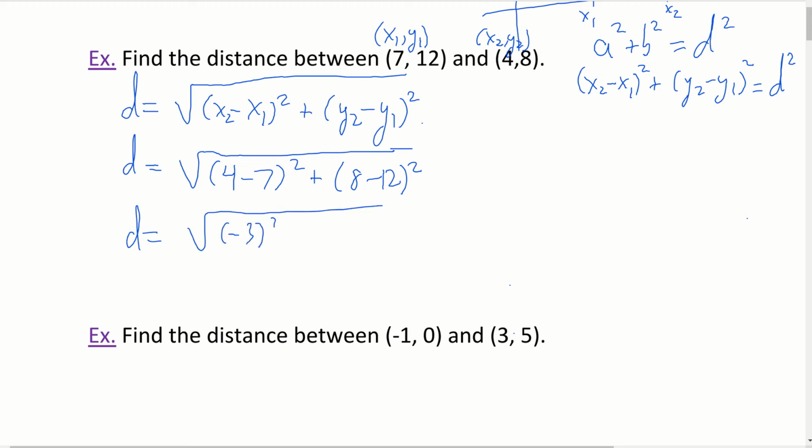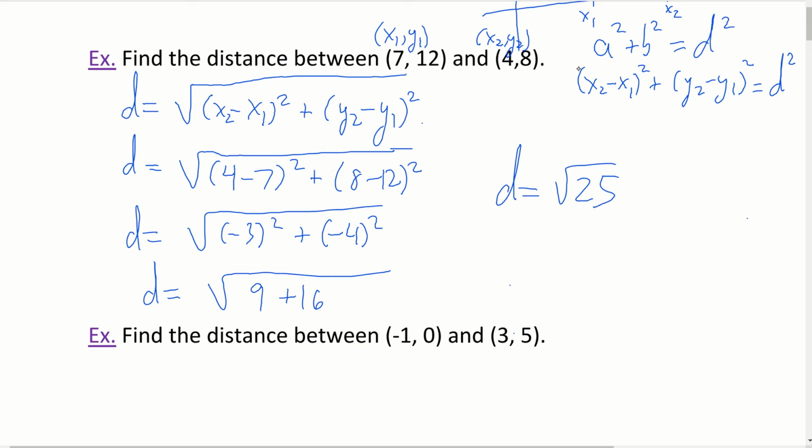This is going to be negative 3 squared plus negative 4 squared. This is going to be the square root of 9 plus 16. That's going to be the square root of 25, which is equal to 5. So the distance between those 2 points in the xy plane would be 5 units.